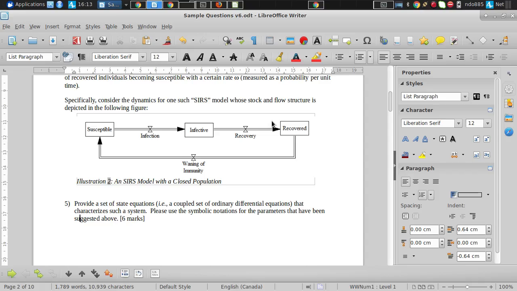The birth rate is the same as the death rate. Those are very common cases where you're going to be able to make the simplification. Oh, the total population is always going to be the same, so I can get rid of needing to worry about one of those stocks directly, because that stock will be the total population size N minus the other two stocks. Simplifies your life a lot. Okay? Okay, good. Other questions?